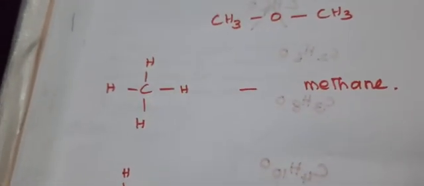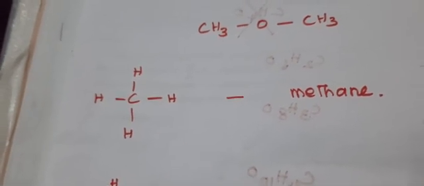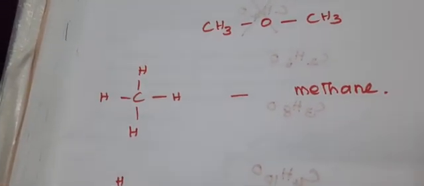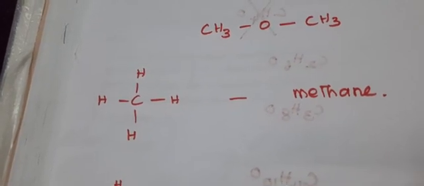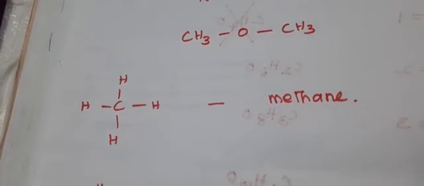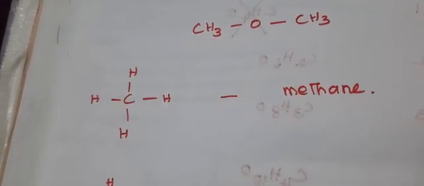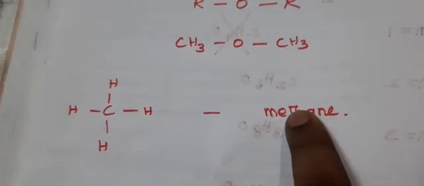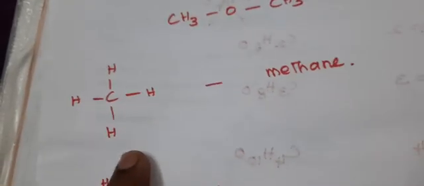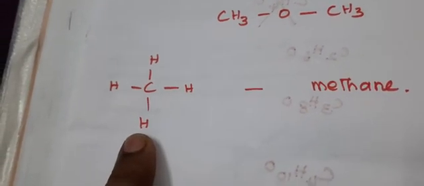How? Take one example. Hydrocarbon means what? Those compounds that contain only hydrogen and carbon are called hydrocarbons. Example for that hydrocarbon is methane. Methane means CH4. Carbon is attached with 4 hydrogen.